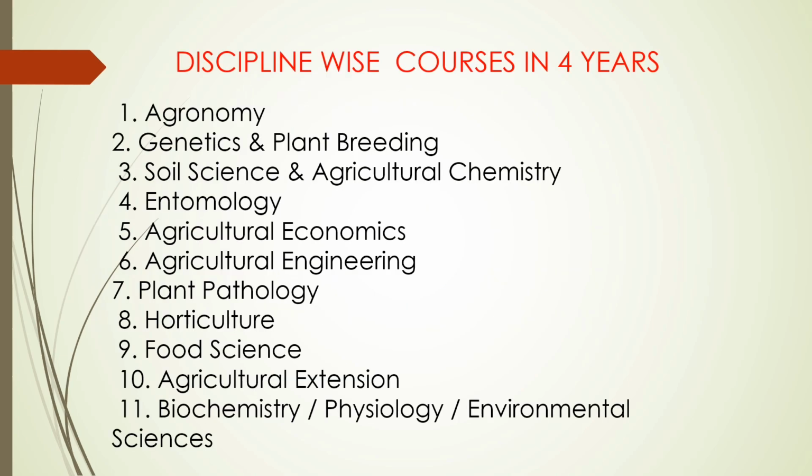In the BSc Hons Agriculture, there will be discipline-wise courses over 4 years. Now we see there will be different branches. The first is agronomy, genetics and plant breeding, soil science and agricultural chemistry, entomology and agricultural economics, agricultural engineering, plant pathology, horticulture, food science, agricultural extension, and biochemistry, physiology, and environmental sciences.